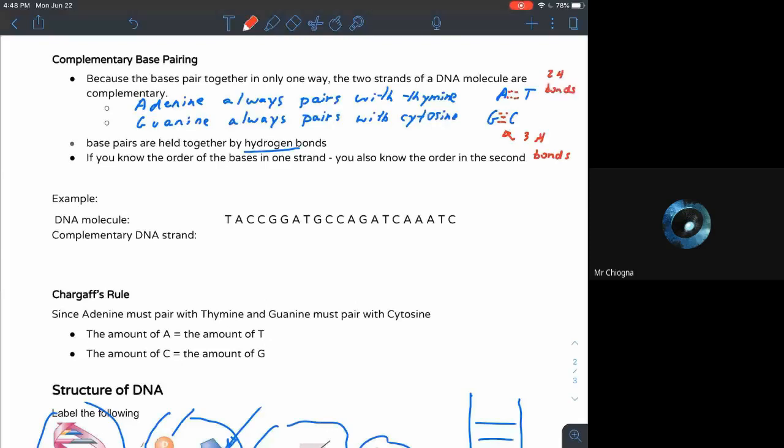Okay, now what's the complementary DNA structure? If we look at this here, you know what each of these letters is paired with.